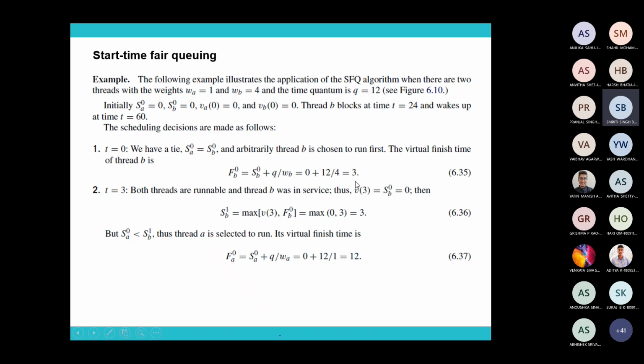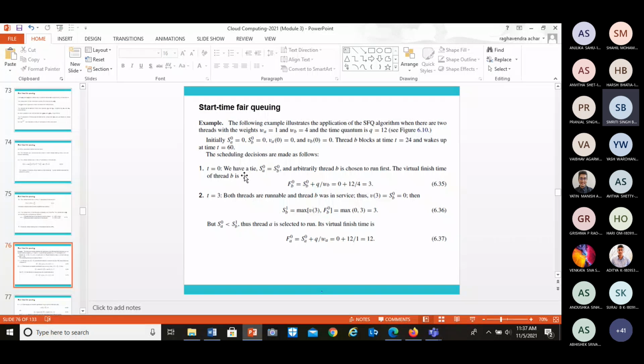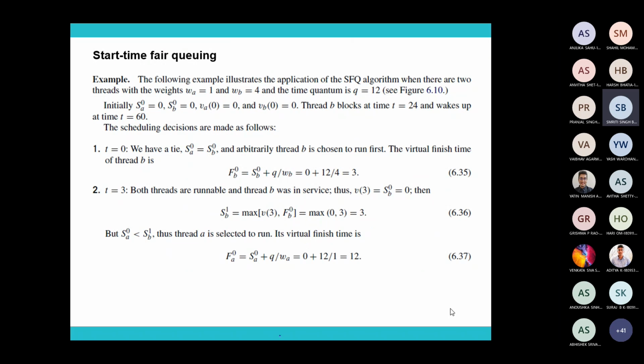So the start time is 0, the total quantum given is 12, and the weight assigned is 4. Then the finish time is 3. So the thread will finish at 3.